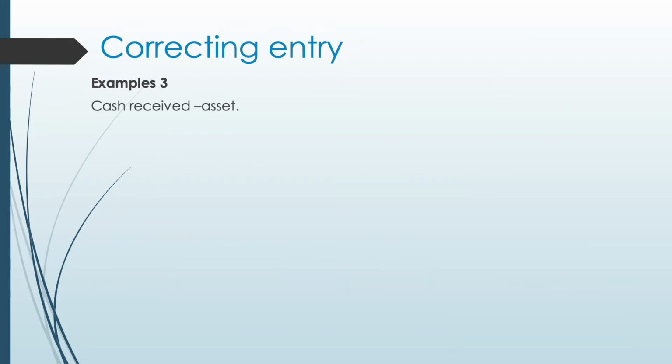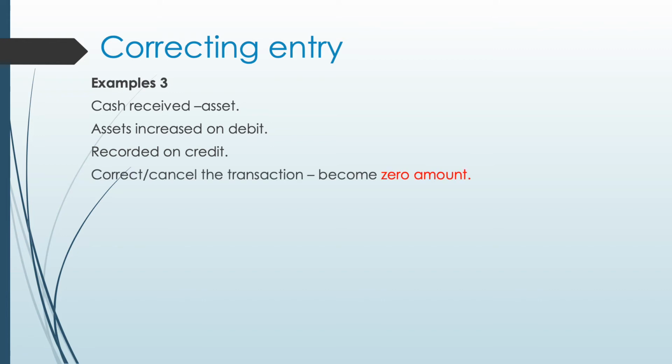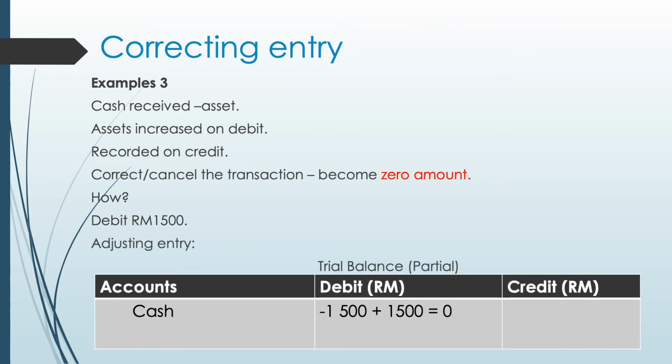Cash received, an asset. Asset increase on debit, recorded on credit. To correct or to cancel the transaction, we have to make the amount become zero. But how? By debiting another 1,500. Adjusting entry, trial balance partial, cash, we minus 1,500, we plus 1,500, then the amount becomes zero.